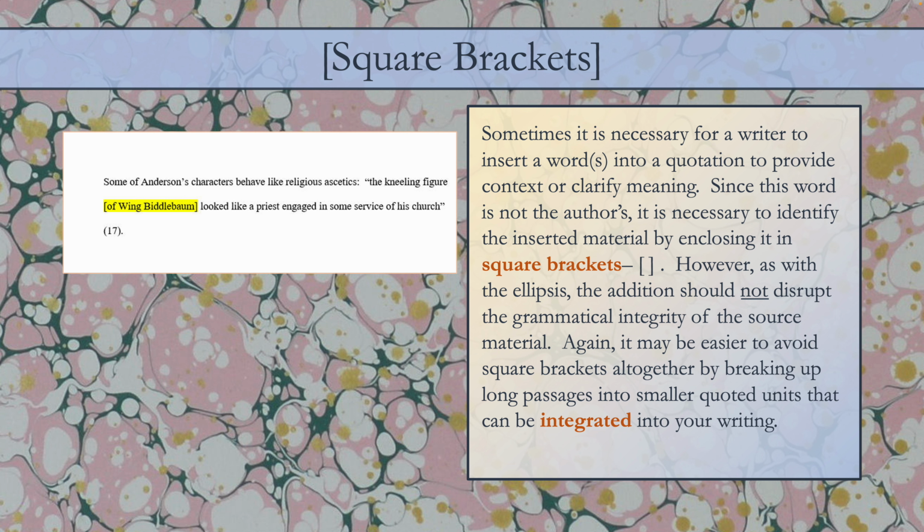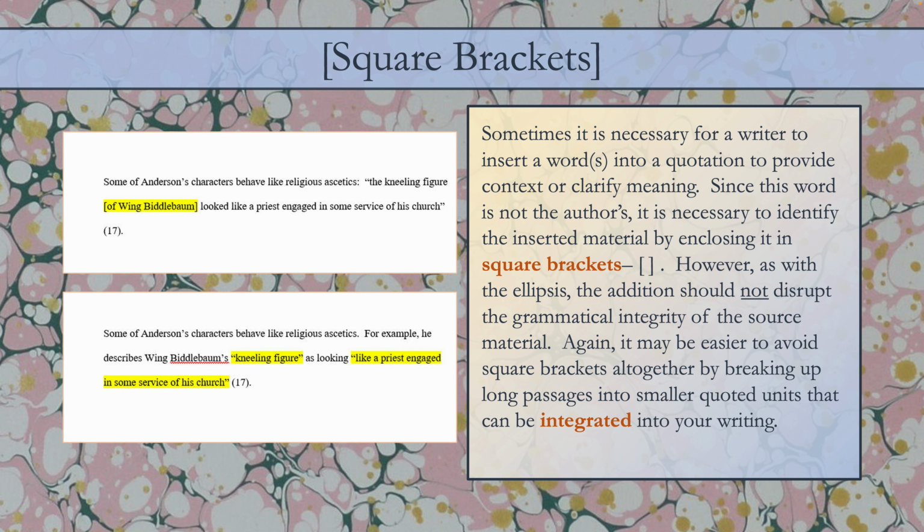So here I have added some words to a quote. When you're reading the story, you do not see the words of Wing Biddlebaum in the text. I have added those to make it clear who the kneeling figure is. And to make clear that I've added those words, I have enclosed them in square brackets. Here's another solution where I don't use square brackets.